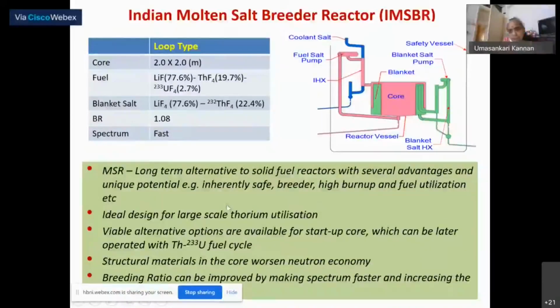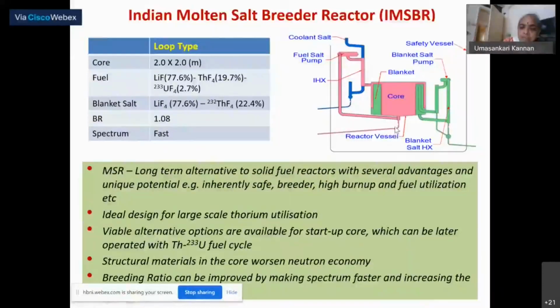There are several advantages. You can design a breeder in a thermal spectrum. It is an ideal design for thorium, if you remember the properties I was talking to you about. Uranium 233 is coming from the beta decay of protactinium 233, and this protactinium 233 has a half-life of 27 days.